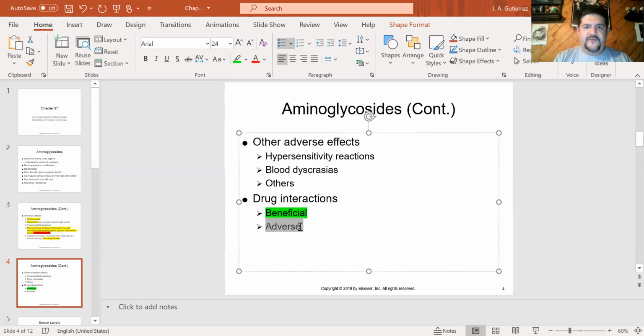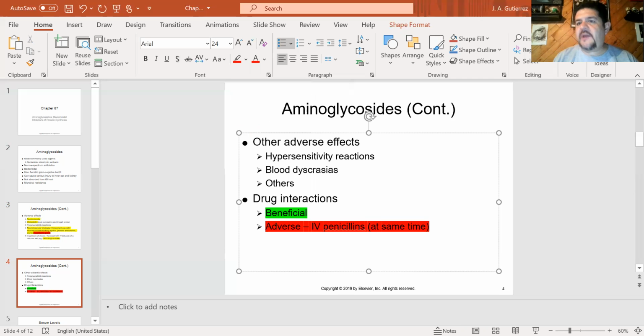But regarding adverse effects, aminoglycosides are not advised to be mixed with a medication that produces flaccid paralysis and with IV penicillins, especially when both of them have to be given at the same time.